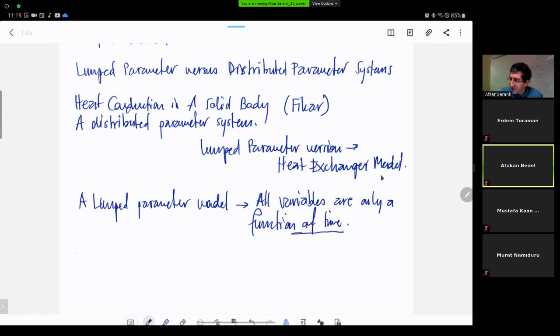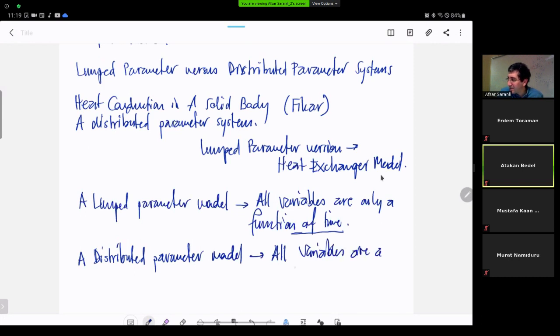Now, when you have a distributed parameter model, now all variables are a function of time and some other variable.